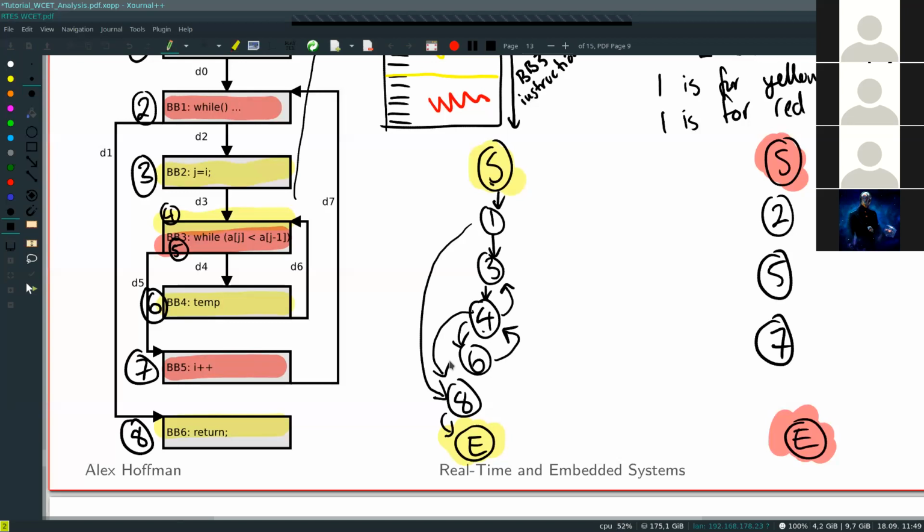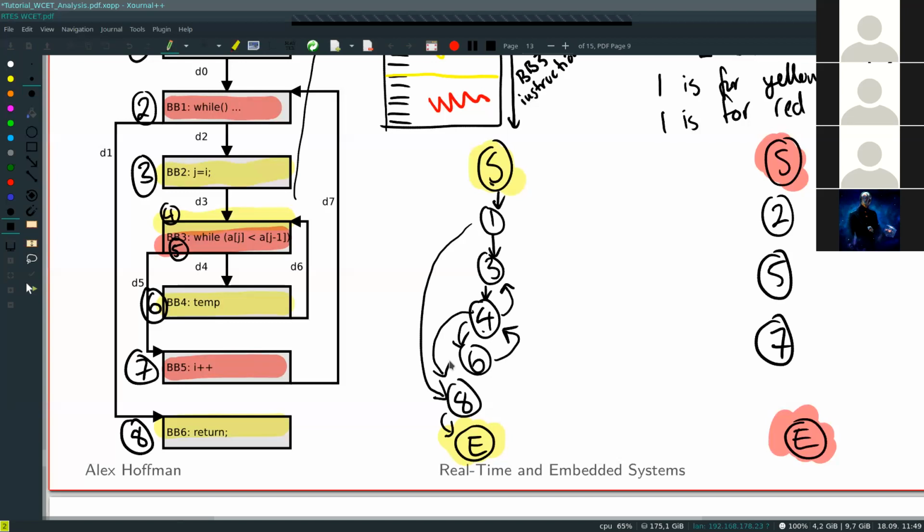Which arrow do you mean? There's a lot of arrows with 4. The return arrow from 6. No.